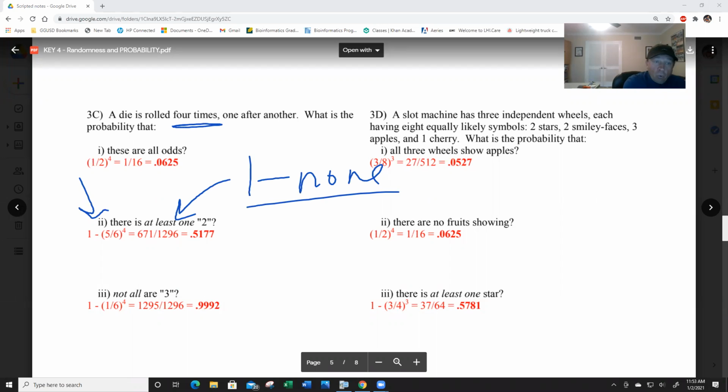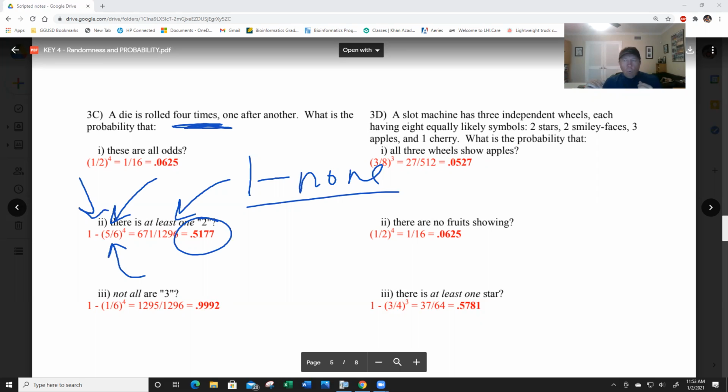Okay, again, this is 4 rolls. So go 5/6 to the 4th. Then do 1 minus that, and you'll get at least 1, 2. That's a trick you've got to remember. At least 1 is 1 minus none of the occurrences. And none of the occurrences involves the complement. This is a double complement problem if you think about it.